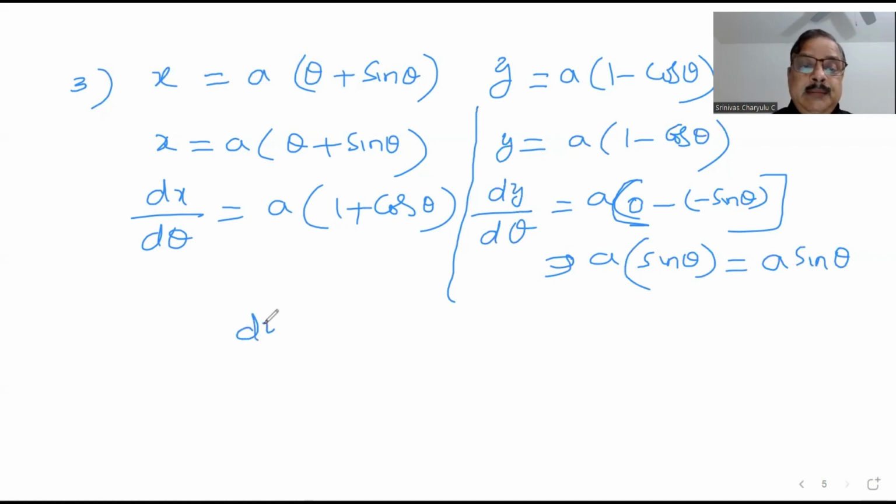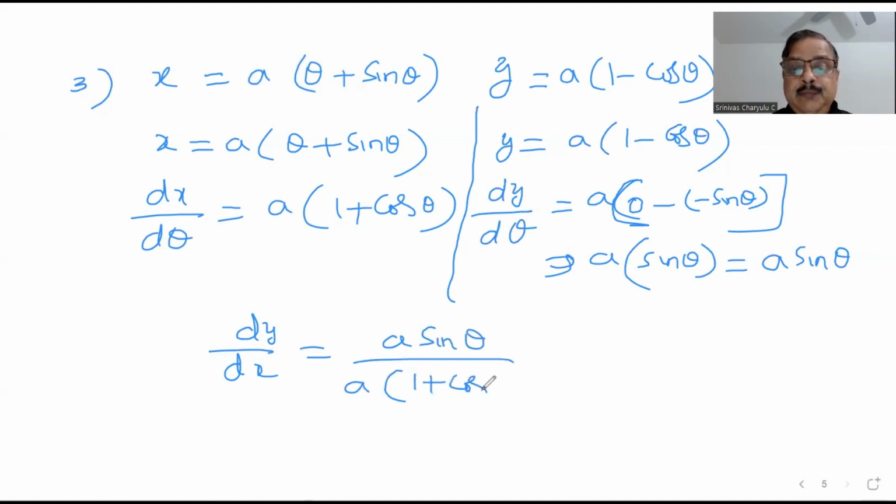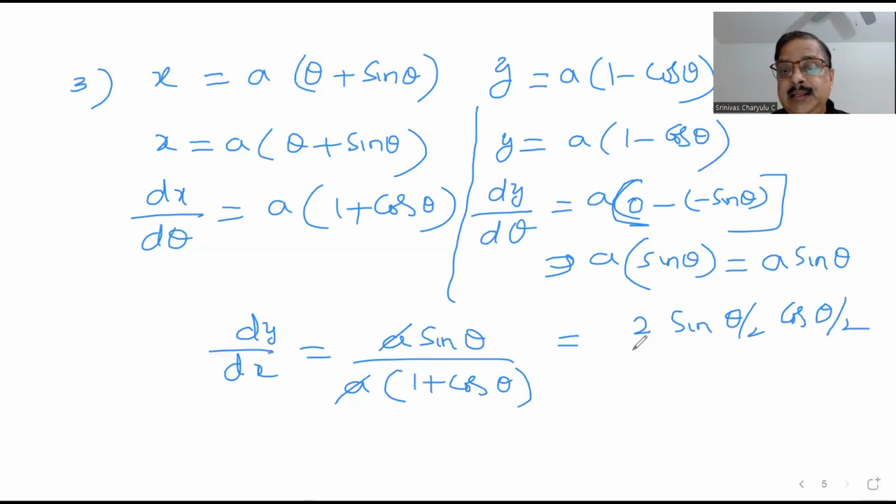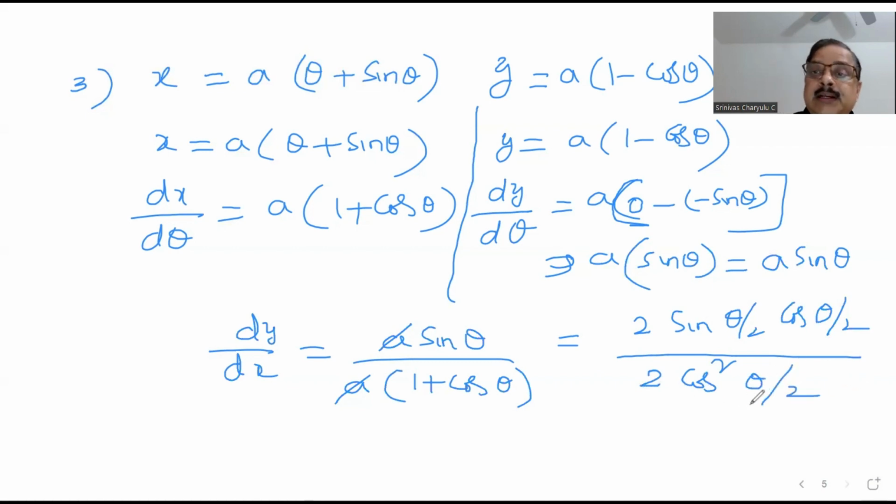So now I wanted dy by dx. a sin theta divided by a into 1 plus cos theta, dy by d theta divided by dx by d theta. If you remember your basic trigonometry, sin theta can be written using half angle formulas like this. 1 plus cos theta also under half angle formulas is 2 cos square theta by 2.